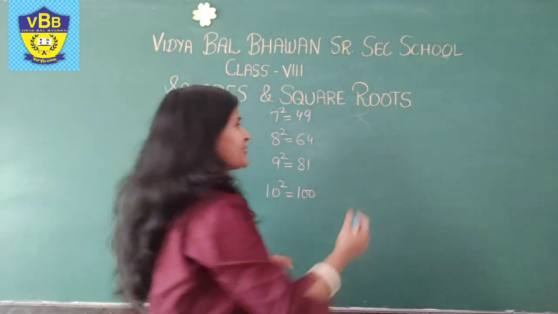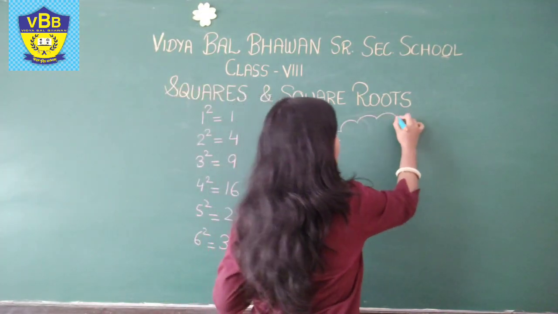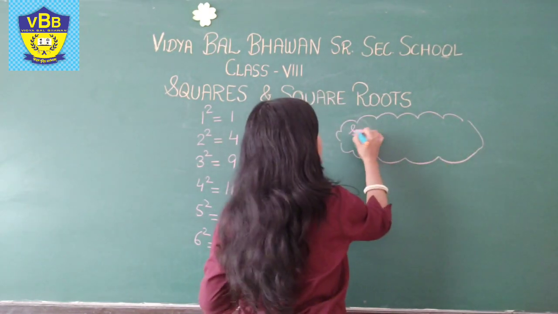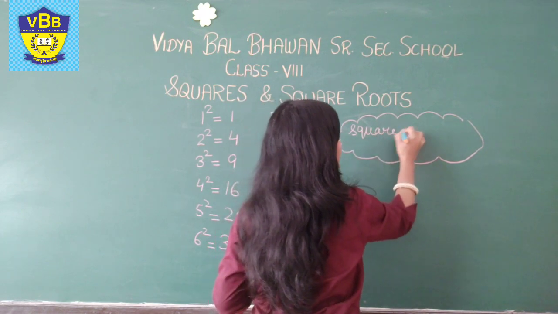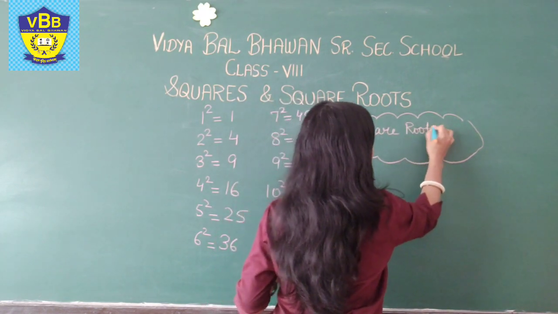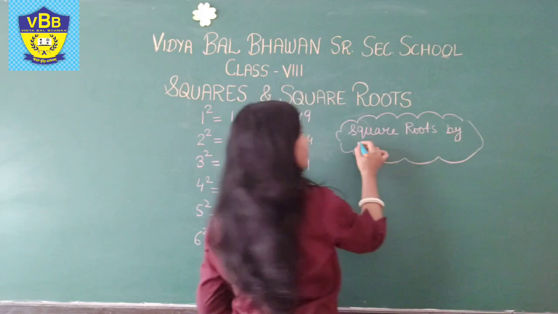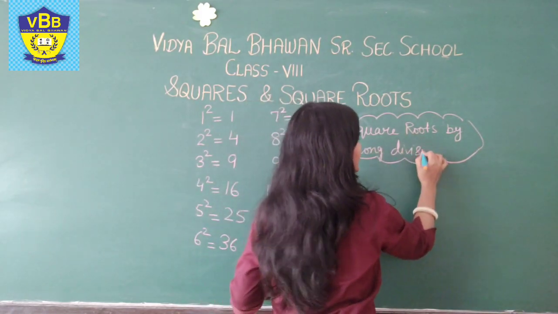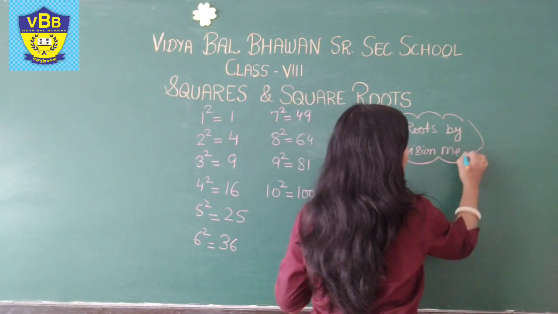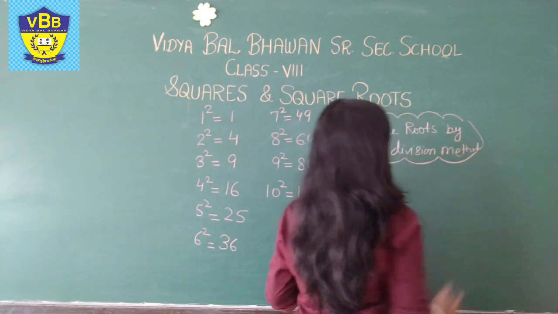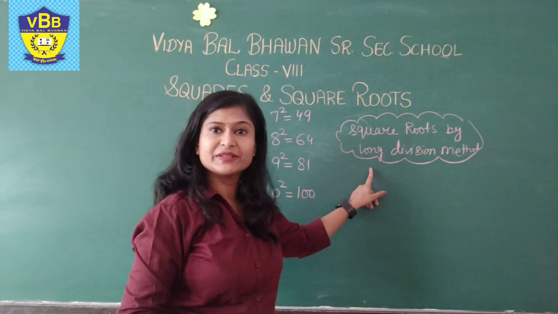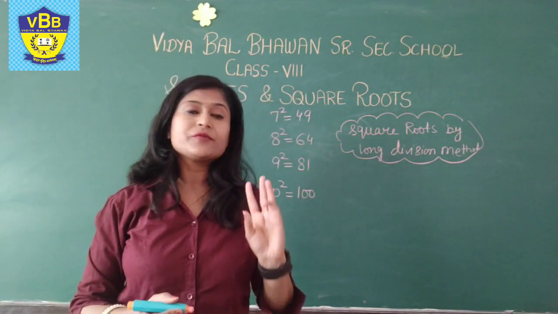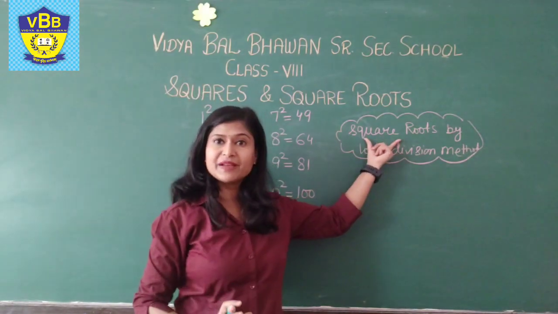Now come to the topic, that is, we need to find the square root by the long division method. That is a very important method. We know we can find the square root by 3 methods.